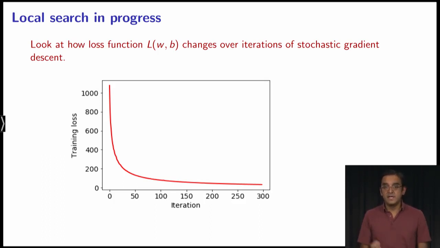And as these iterations proceed, the loss function on the training set, the training loss, keeps going down. In fact, during the first 50 or so iterations, the loss function just plunges. After that, it tapers off gradually until it finally grinds to a halt. So that's how training goes. And at the end, we're left with our final classifier, W and B.